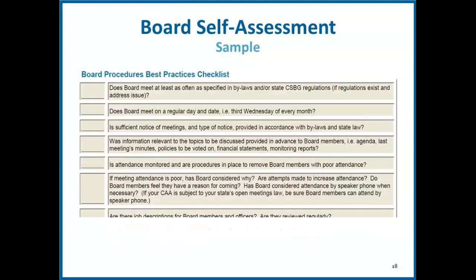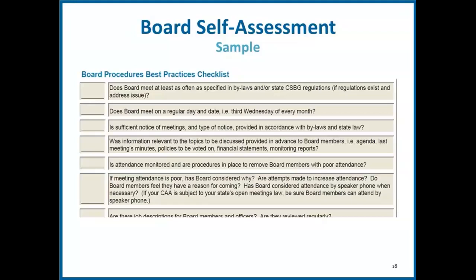This is also another way of looking at it, a board procedures best practices checklist. So you can just check here whether the board meets at least as often as specified in the bylaws. All of these different things, as far as is there sufficient notice of meetings, type of notice, etc. Kind of making sure that you're doing all of those best practices as a board, and then those ones that you're seeing across board members that are not checked, those are ones you might want to have discussion on.